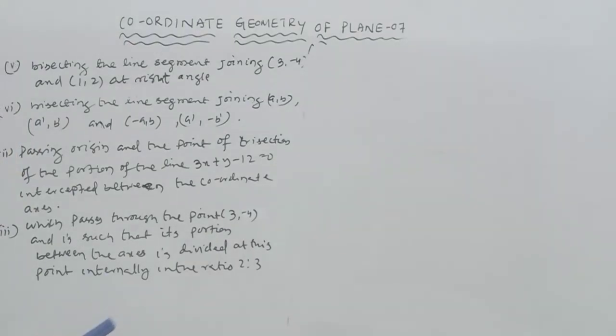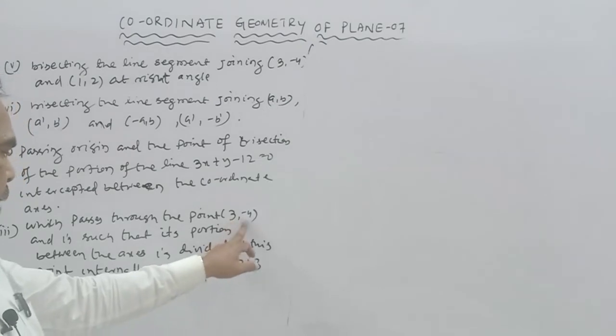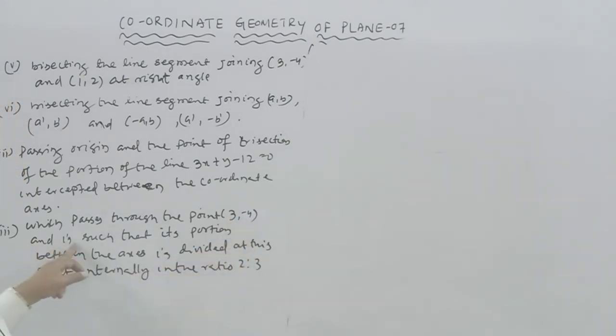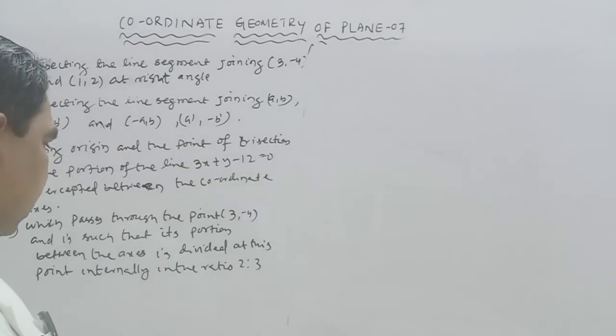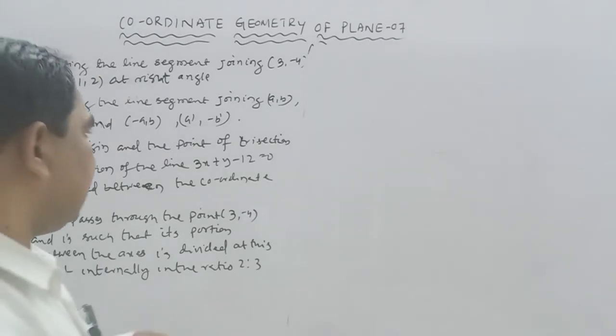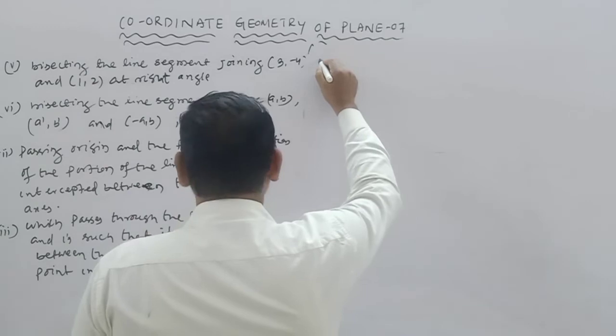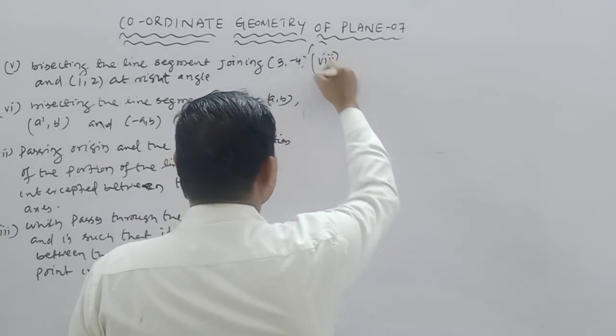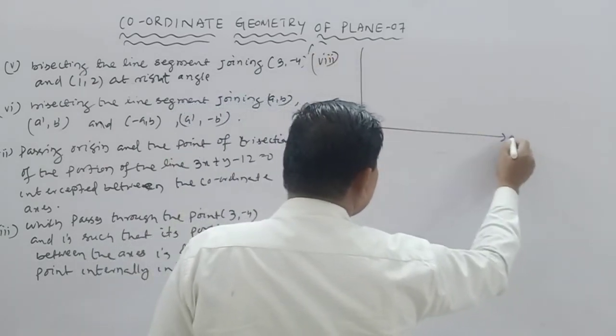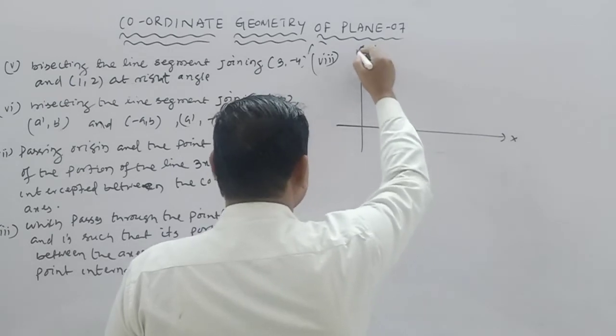Next question. Find the equation of the line which passes through the point (3, minus 4), one point given, and is such that its portion between the axes is divided at this point internally in the ratio 2:3. Question number 8. This is the x-axis, this is the y-axis.